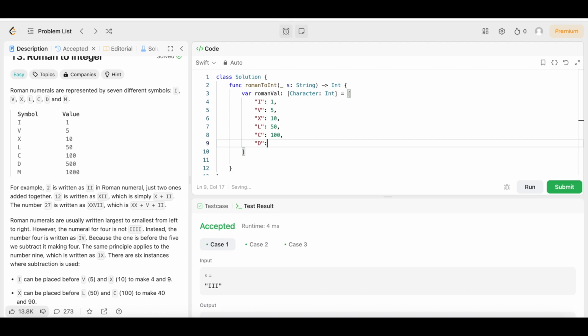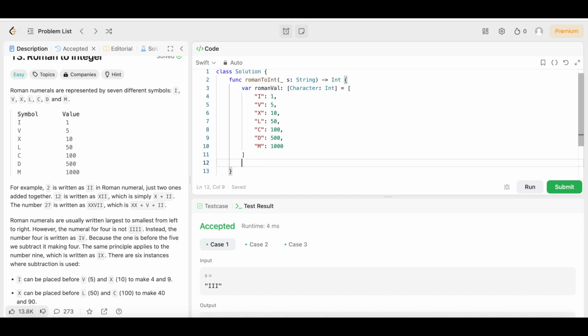Say D is going to be 500, comma, and M is going to be 1,000, right? So now we have our characters and the corresponding numbers. The next thing we want to do is figure out how we're going to convert the characters into the corresponding numbers.